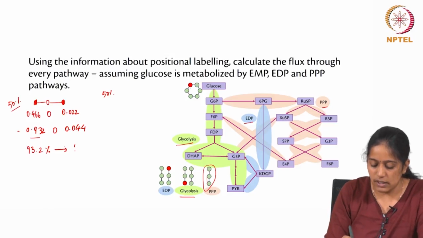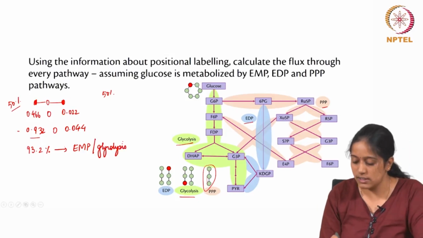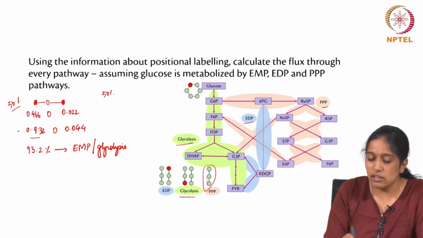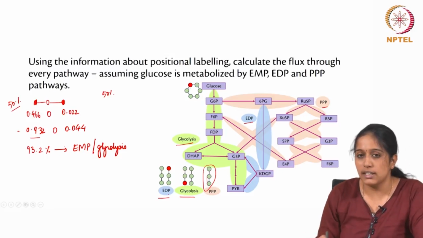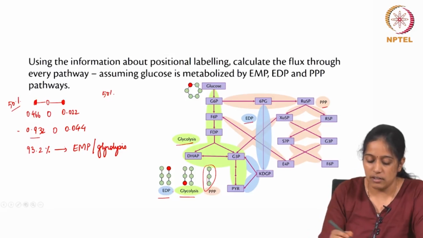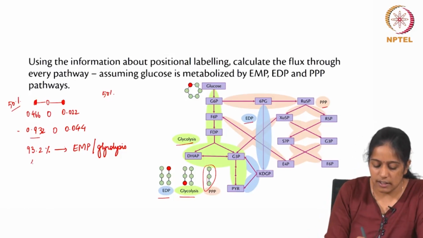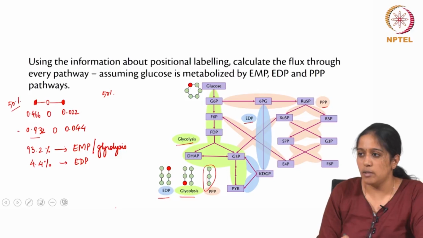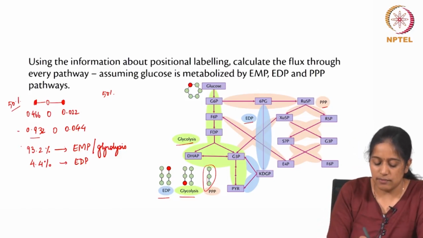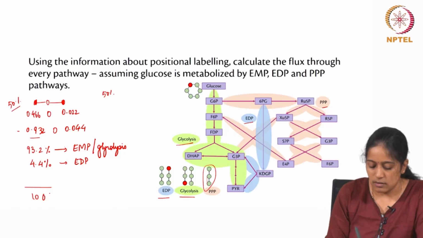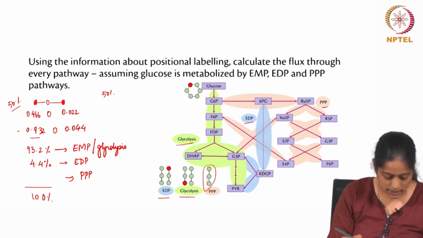Here we call this EMP or glycolysis, and the third position tells you something about the EDP pathway. So, we can say that 4.4% was through EDP, but since the total has to be 100%, the rest should have been via the pentose phosphate pathway.